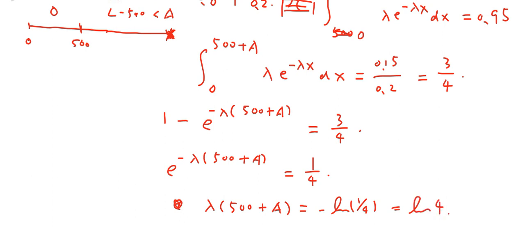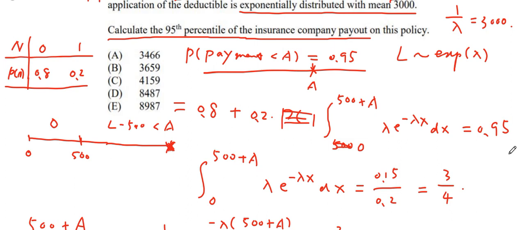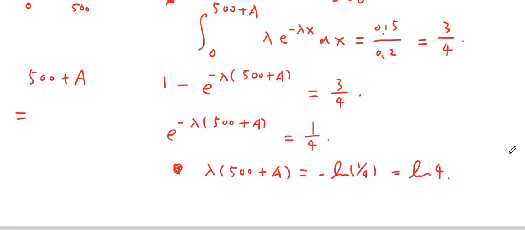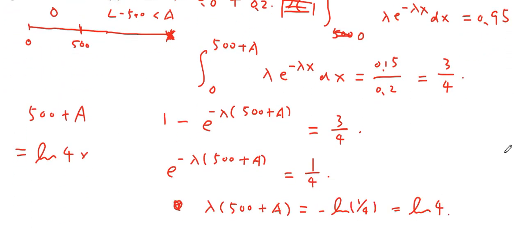So 500 plus A should equal ln 4 multiplied by 1 over lambda. What is 1 over lambda? 1 over lambda is 3,000. Yes, 3,000.